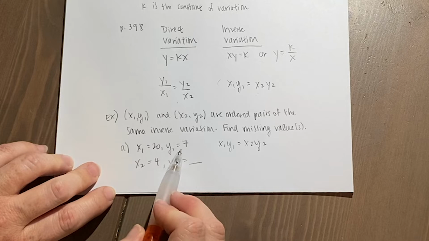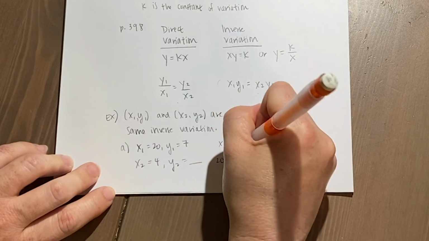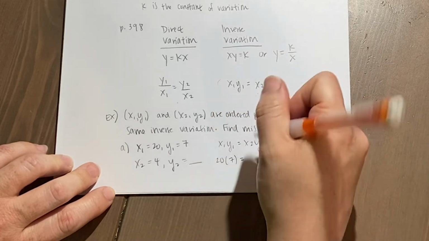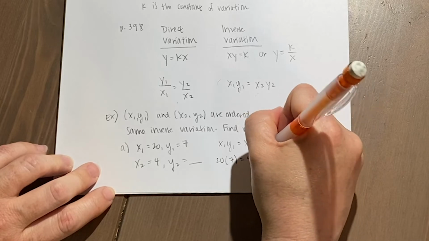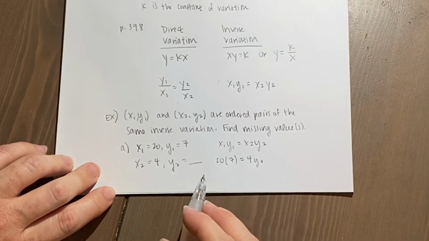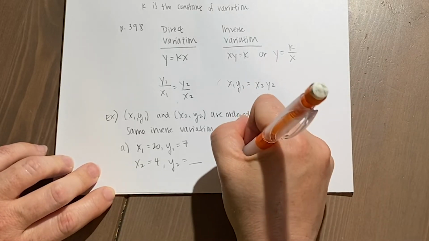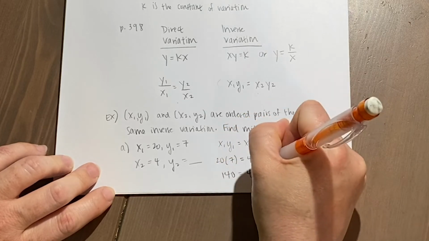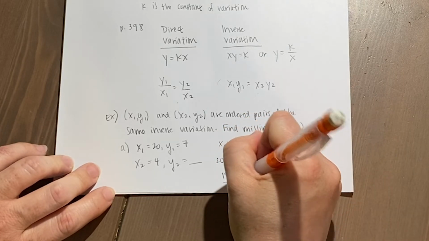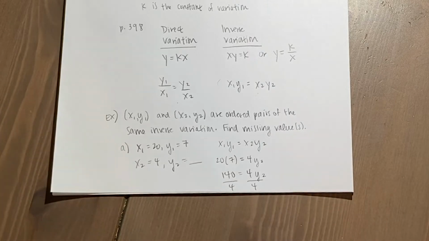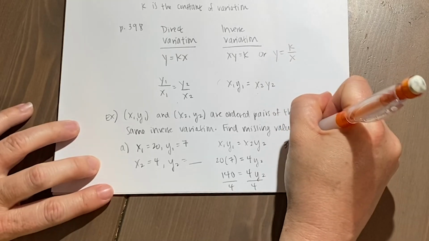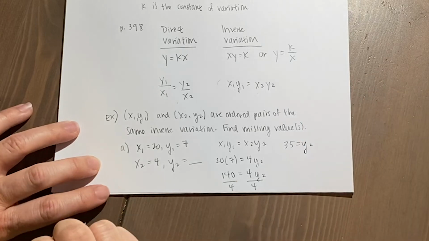We know x1, y1, so 20 times 7, and x2 is 4 times y2. So 20 times 7 gives us 140 equals 4 times y2. Divide by 4. Remember, that's a notation, it's not actually any math happening right there. That's just a subscript. 140 divided by 4 gives us 35. So 35 equals y2.